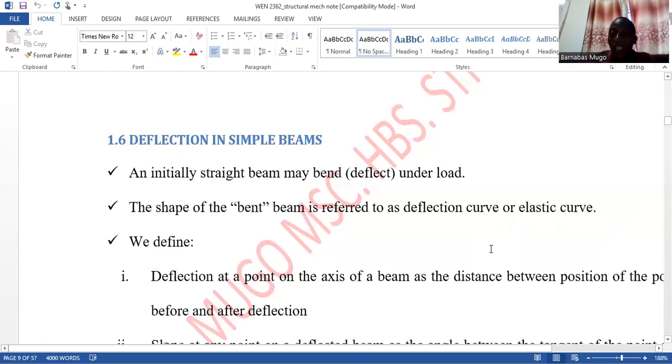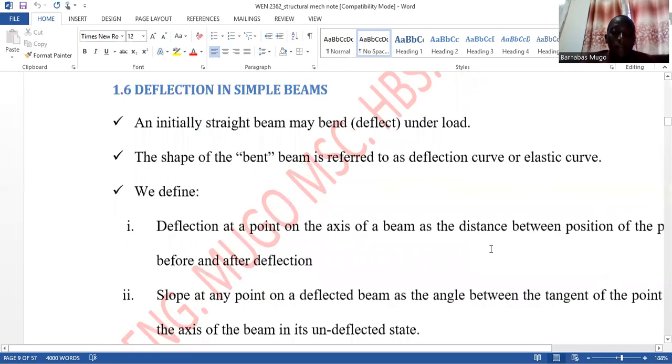Then from there, I need to be able to come up with the deflection of the simple beam. When I'm looking at the deflection of the simple beam, I should know that it involves different parameters.